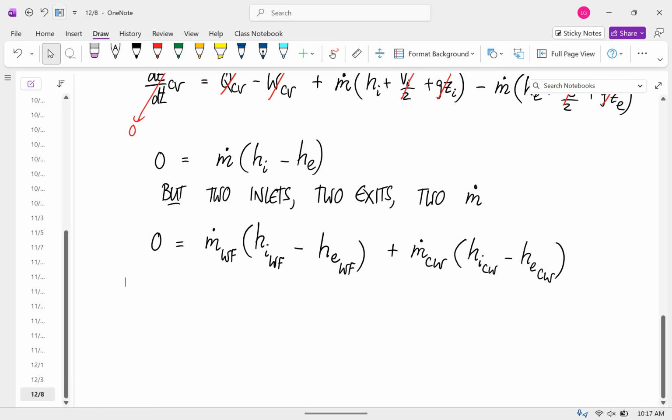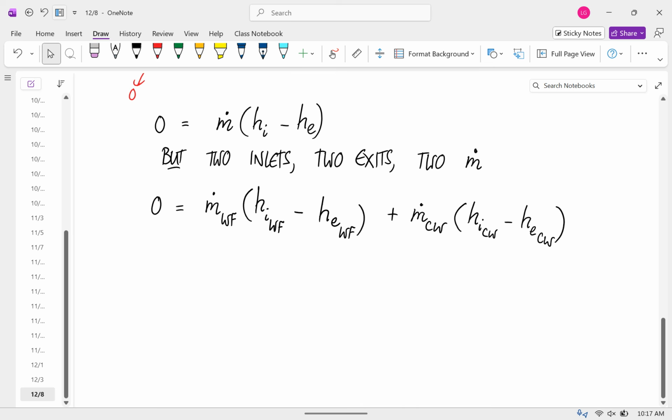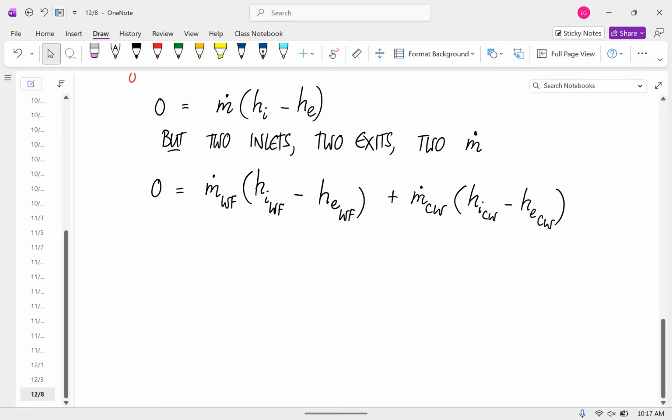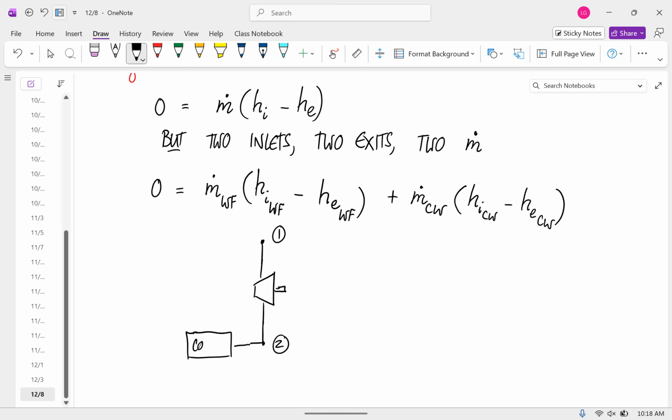So this is where it's helpful to remember these diagrams, try sketching them out from memory a couple times. Just try to burn it into your brain. But we know that our state 1 goes through the turbine to state 2. Then it goes through the condenser to state 3.